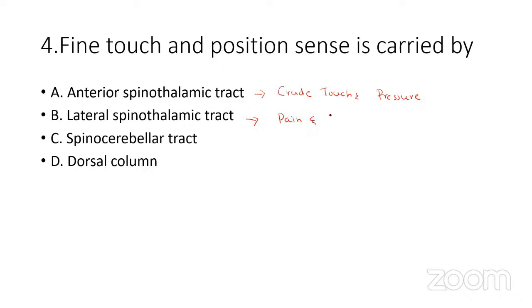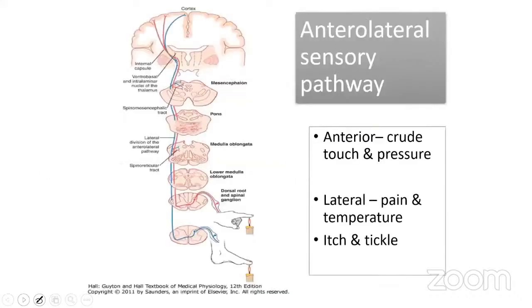The spinocerebellar tract is the tract for the cerebellum. And the dorsal column carries fine touch, joint position sense, vibration sense, and proprioception. So the answer here is option D, dorsal column.